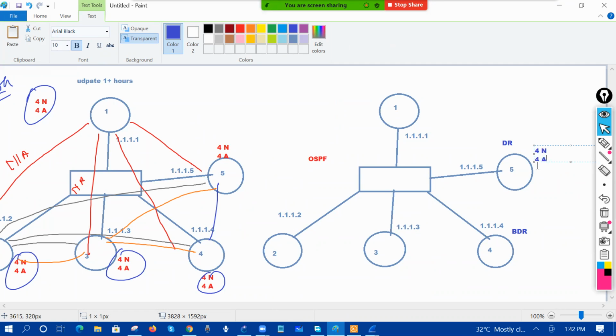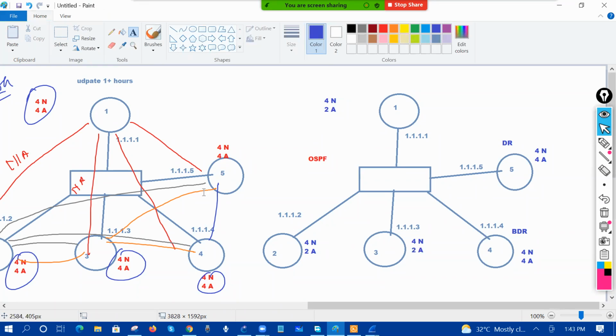Same thing, R5 also has the same information. But R1 will have only 4 neighborships and 2 adjacencies. That is the DR and BDR. Same thing, R2 will have 4 neighborships but 2 adjacencies. R3 will have 4 neighborships and 2 adjacencies.